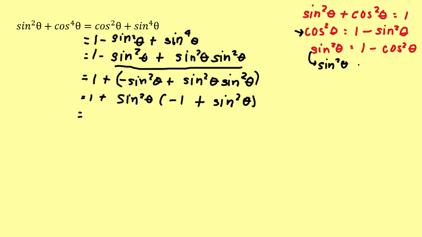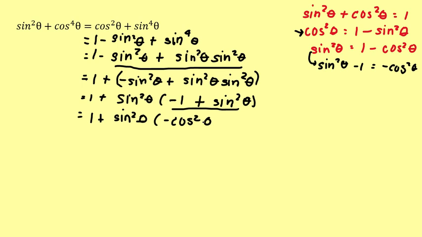Sine squared theta minus 1 is equal to negative cosine squared theta. So let me express this as 1 plus sine squared theta times negative cosine squared theta.